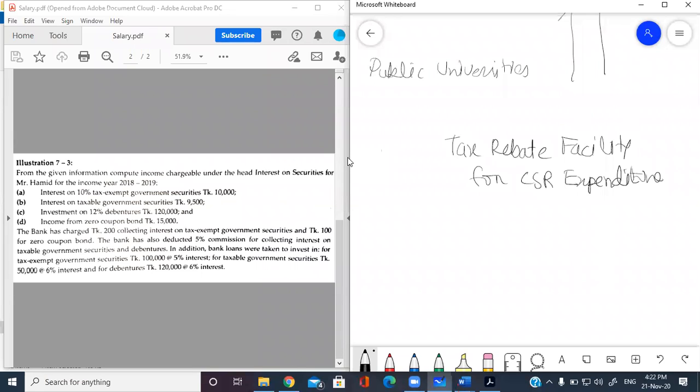Okay. They will never mention that we are doing this for getting tax rebate. Rather, they will mention the reason that we are doing this because we are so kind. Have you got it? Ji sir.